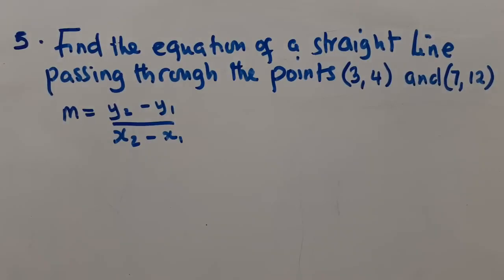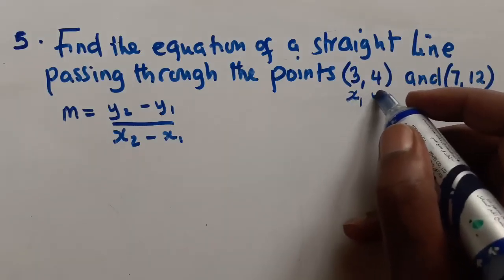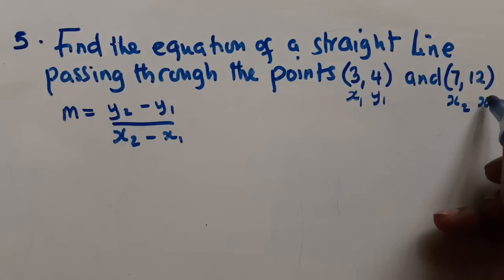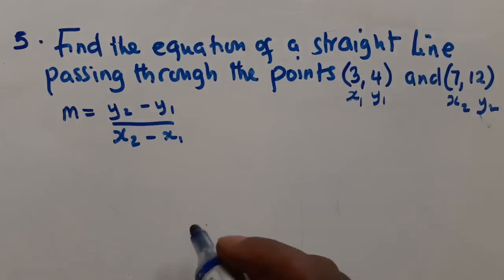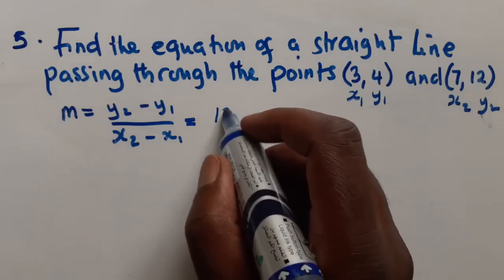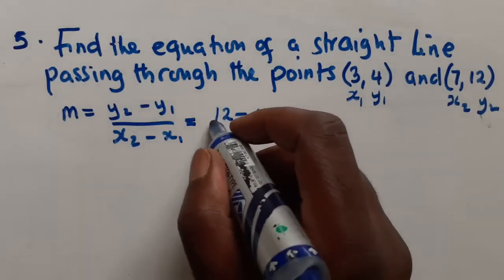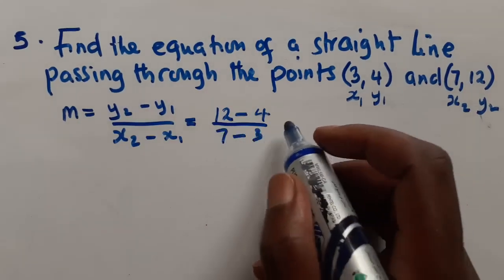All right? So we can pick this point here. We call this one x1, y1, this x2, and this one, this must be y2. Then we feed these coordinates in the formula. So we're going to have our y2 is 12 minus our y1, which is 4, over 7 minus 3.